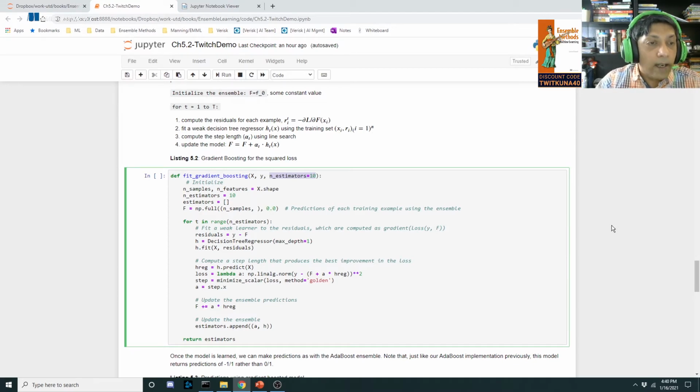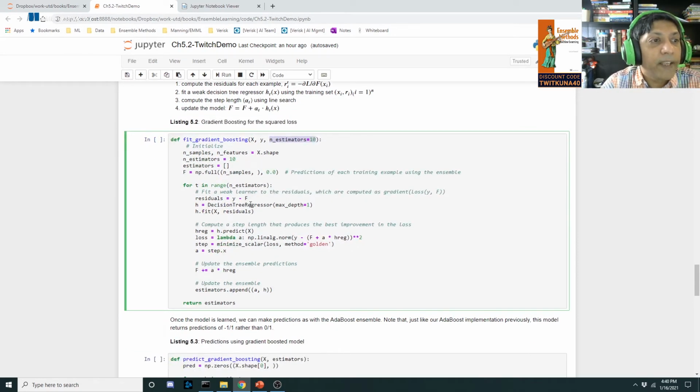This is how many iterations you want your gradient boosting to run before terminating. The ensemble you get is one weak estimator per iteration, so in this case it runs for 10 iterations and gives you an ensemble of 10 models that you can use for prediction.